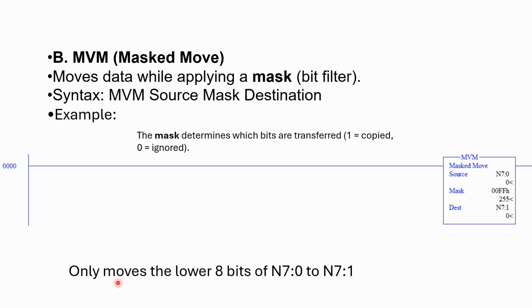If there's a 0 in the mask at that bit location, we will not transfer the corresponding bit from the source to the destination. In the example here, the mask is FF hex. If you're familiar with FF hex, it means your lower 8 bits are all set to ones. So only the lower 8 bits of N7:0 will actually get moved to N7:1.